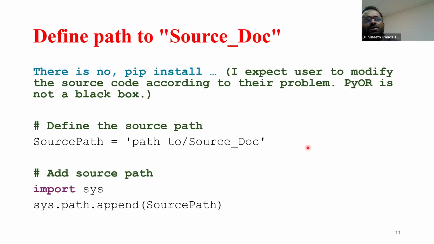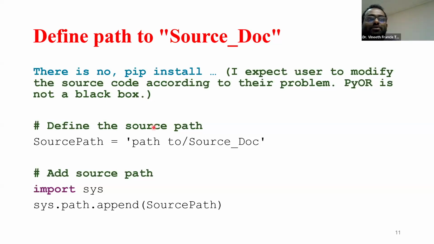Before this, in Python, we can install a package like pip install. Most programs use pip install to install the package. But in PyOR, I don't prefer to install the software, because I'm expecting the user to modify the source code according to the problem.